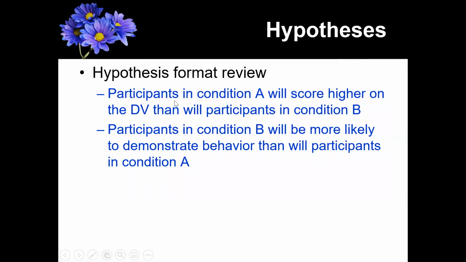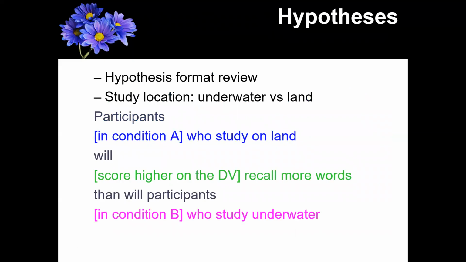Okay, so just one last thing on interactions. Remember, when we have just one independent variable, we phrase our hypothesis like this. Participants in condition A will score higher on the dependent variable than will participants in condition B. Or alternatively, participants in condition B will be more likely to do this behavior than will participants in condition A. So that's how it goes when you have only one independent variable.